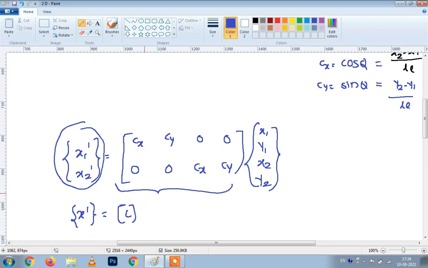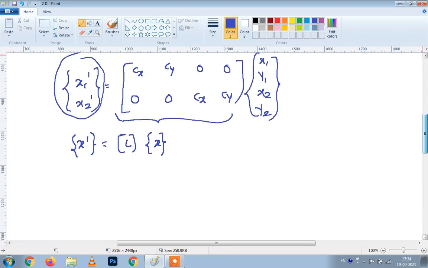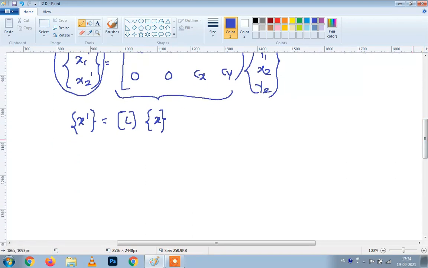L stands for the transformation matrix. X dash is the local coordinate vector, and x is the global coordinate vector. In this way we get the relationship between the local and global coordinates.